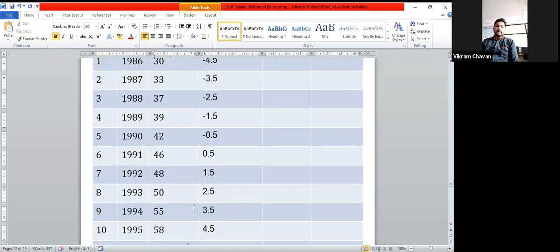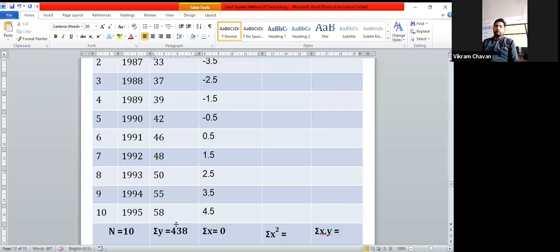So keep your calculator with you while attending the lectures. We are engineers, not BA or BCom students. Our main instrument is our calculator. That should be with you while attending any lectures, because at any time you need a calculator for the calculation purpose.